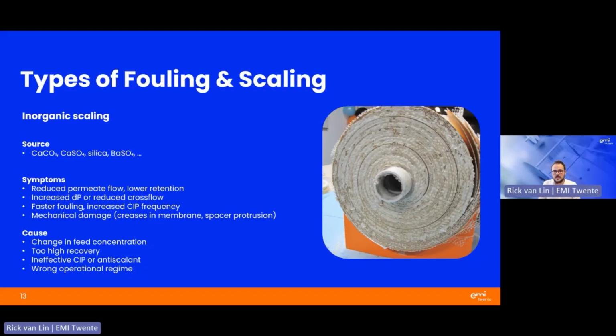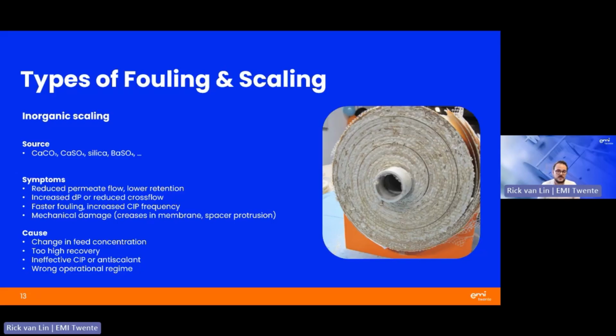And then there's inorganic scaling, which we all know is a huge problem. So calcium carbonate, calcium sulfate, silica, barium sulfate, these are typical salts we then precipitate on your membrane. And these symptoms, well, again, same as with the other types of fouling and scaling.